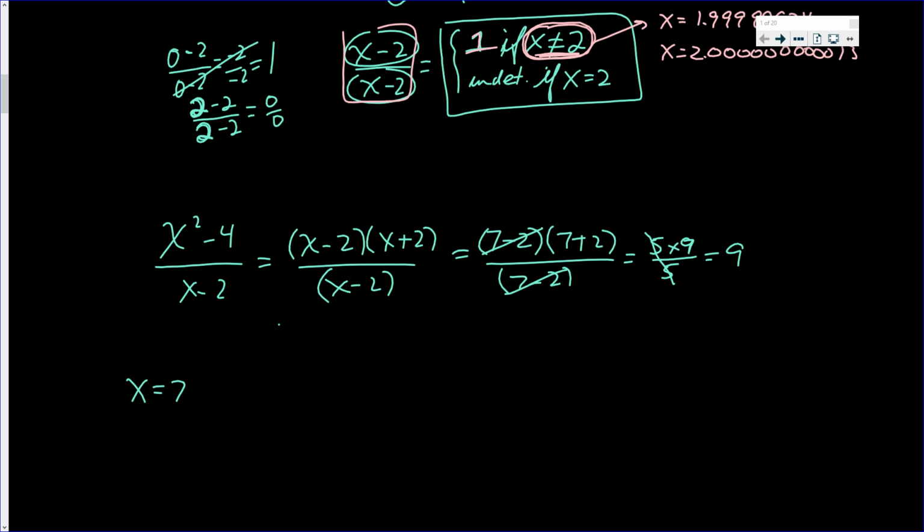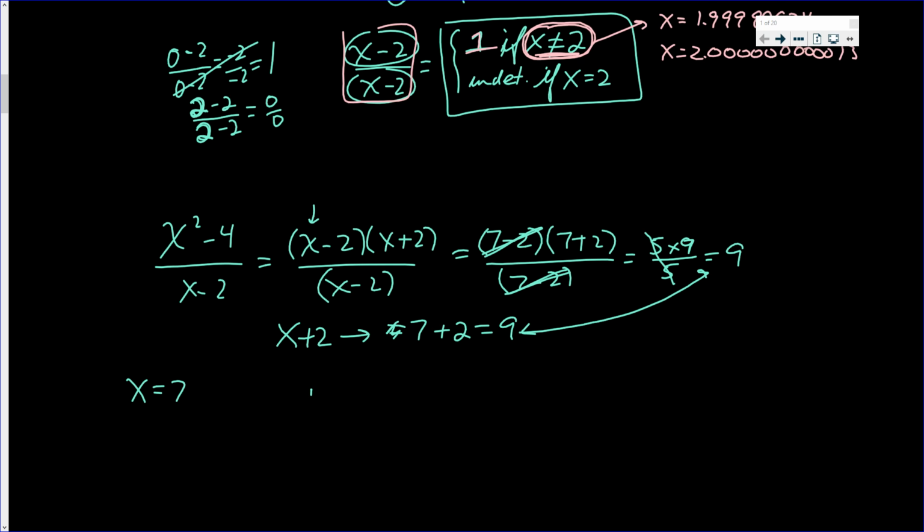That is, you could have just used the rule x plus 2, plug in 7 for x, and get 9. The same answer. Because this will always cancel out to 1, no matter what number you plug in.